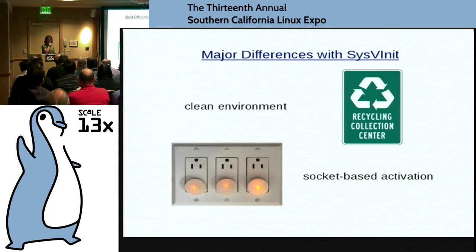So the major differences between systemd and sys5 init that are user visible, I think, are one is, for better or worse, systemd does not inherit any variables from the environment in which it runs. And in fact, for the most part, this is an advantage because I think it's good for security, and it's also, at the end of the day, it will make it less confusing why things are failing.